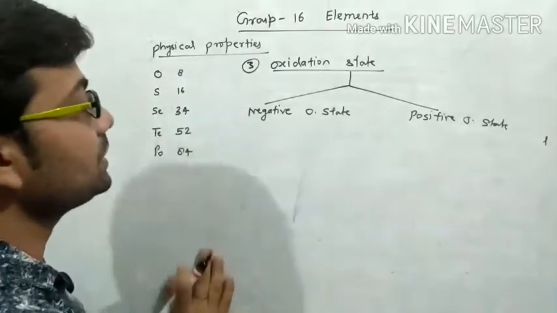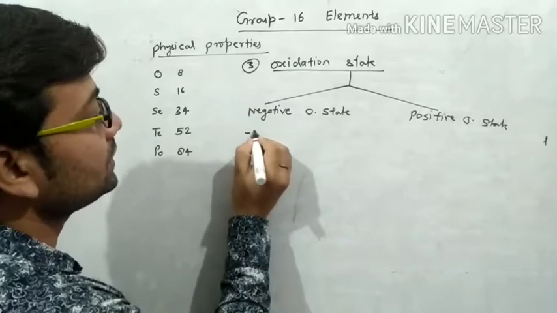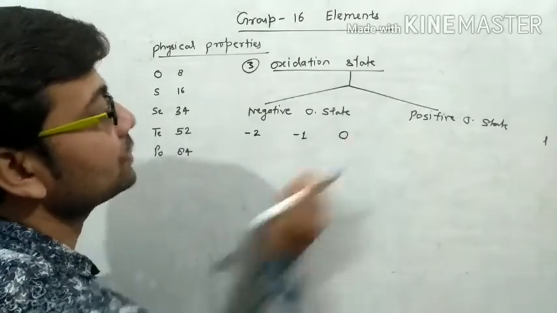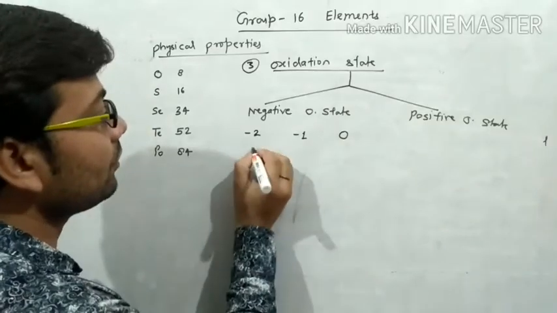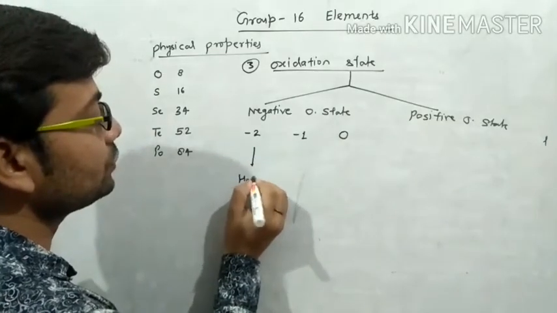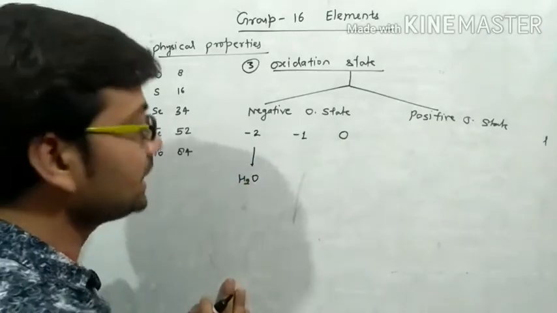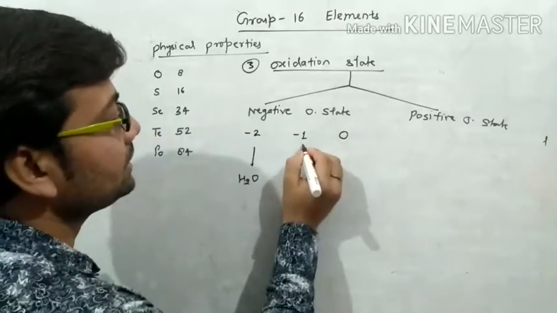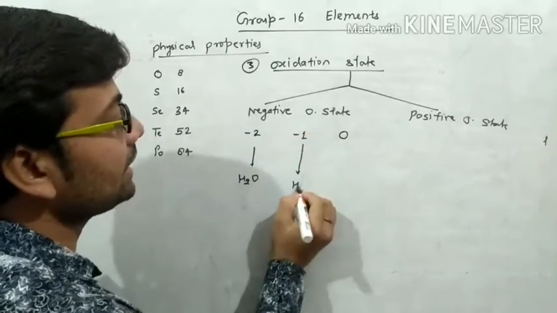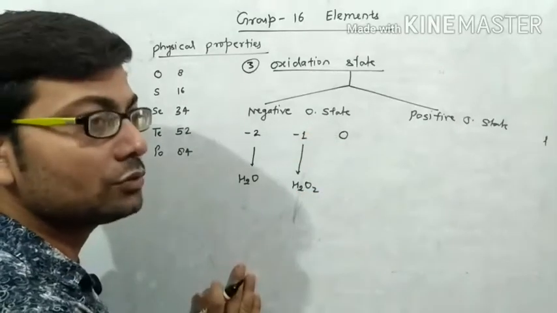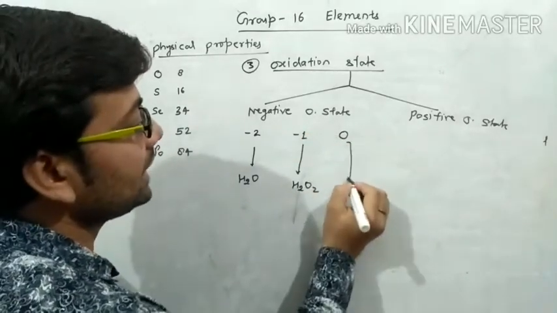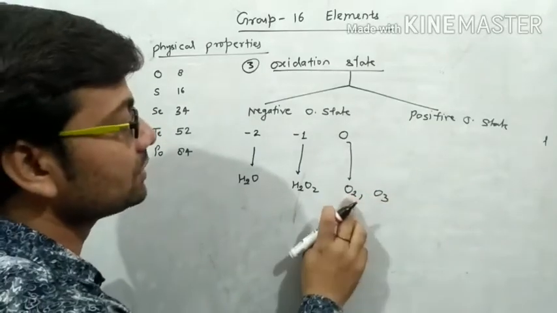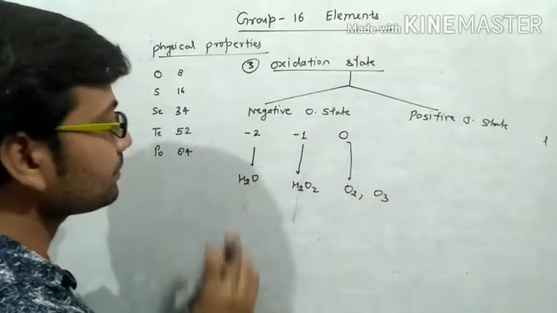In the case of oxygen, the oxidation states are -2, -1 and 0. In oxide form, as in H2O, the oxidation state of oxygen is -2. The -1 state is in peroxide form, as in H2O2. The 0 state is in dioxygen and trioxygen, that is oxygen and ozone.